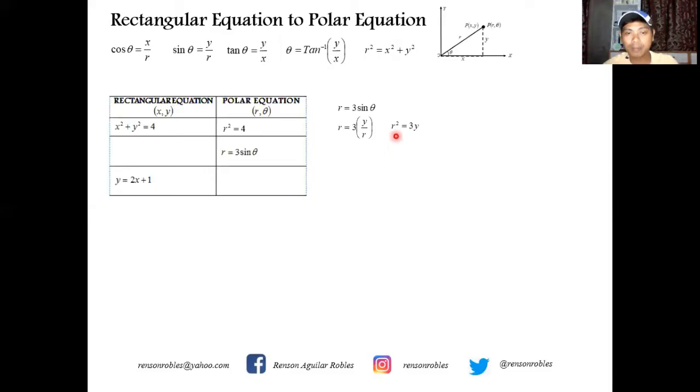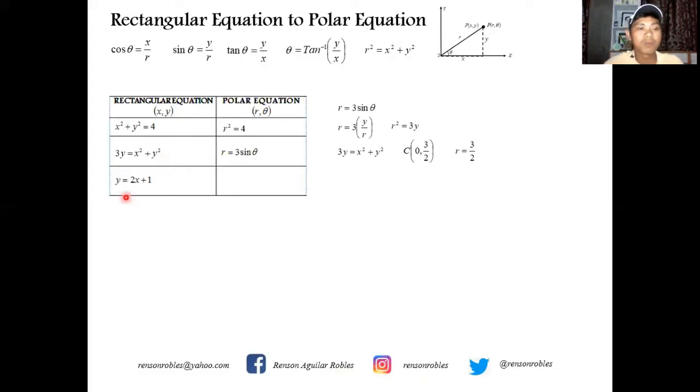Then again you replace r squared by x squared plus y squared. So finally we have 3y equals x squared plus y squared in rectangular form. Again, r equals 3 sine theta is represented by 3y equals x squared plus y squared in rectangular form, and this is a circle with center at 0, 3 halves, with radius equal to 3 halves.